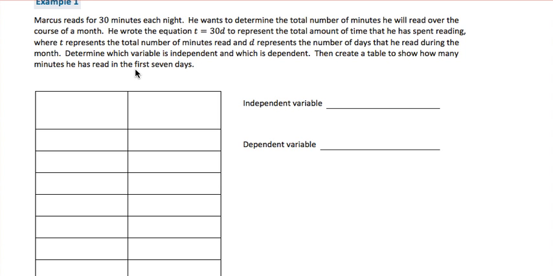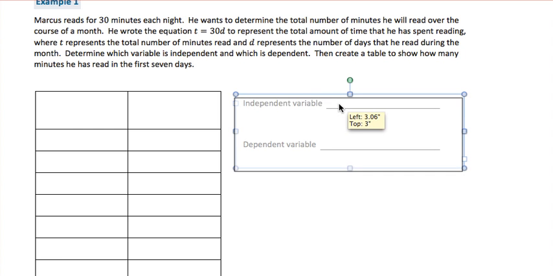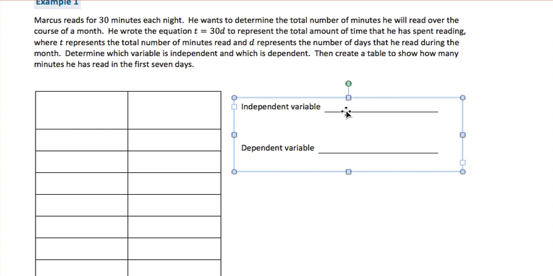So first of all, our independent variable, and this is the one that doesn't change. It's just set in stone. The independent variable is the number of days, because days are days.